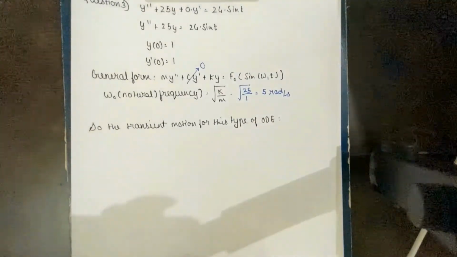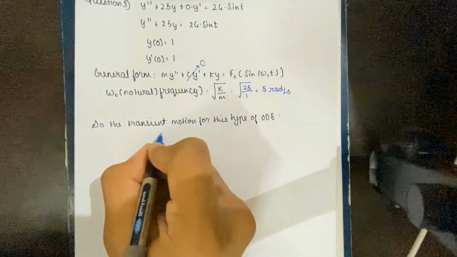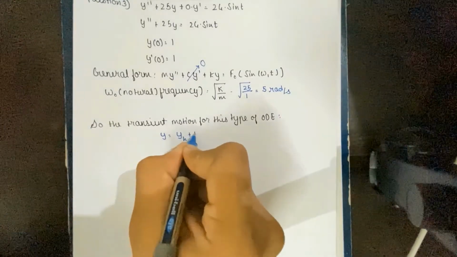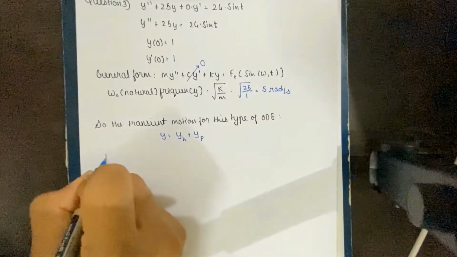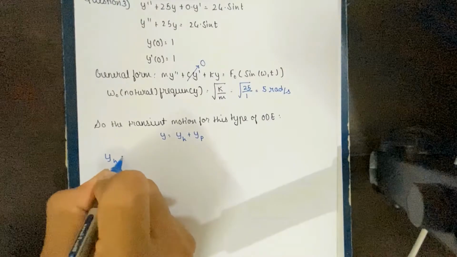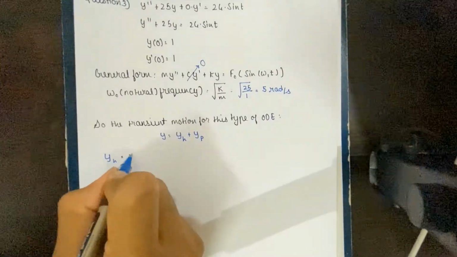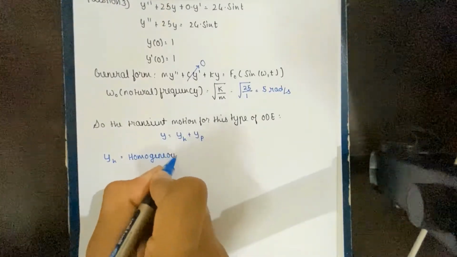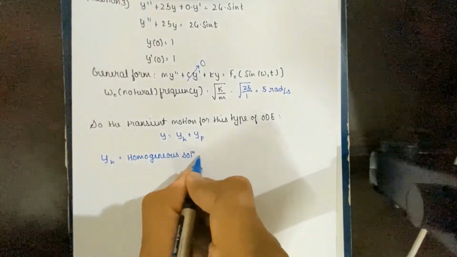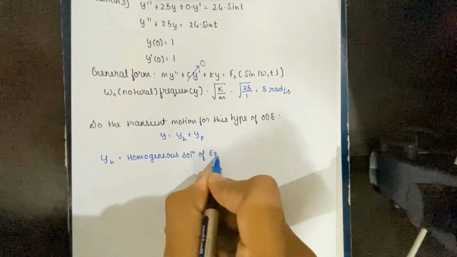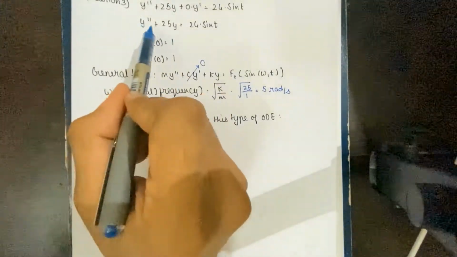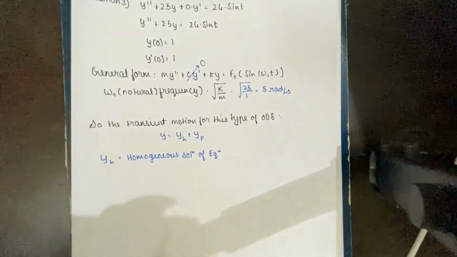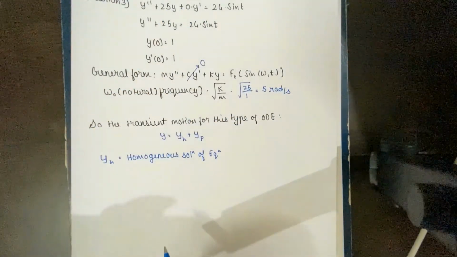So the general solution for this kind of ODE is given by y equals yh plus yp, where yh is the homogeneous solution of the equation. The homogeneous solution is only this part, y double dash plus 25y equals 0, that is, without considering the 24 sin t.